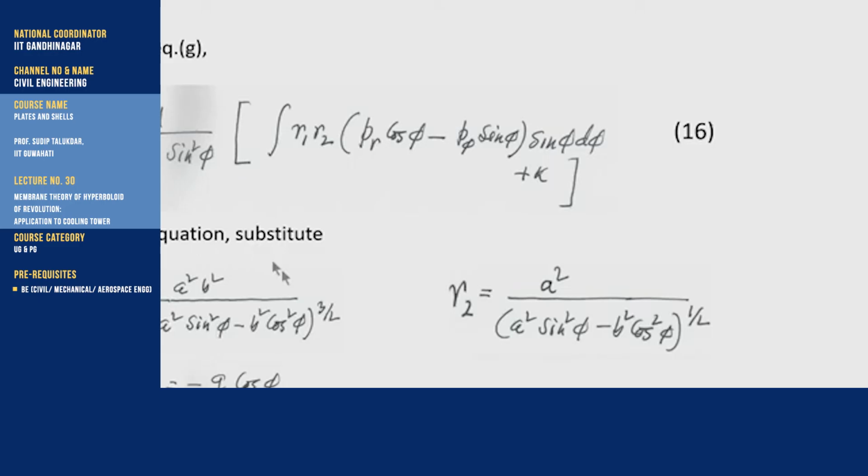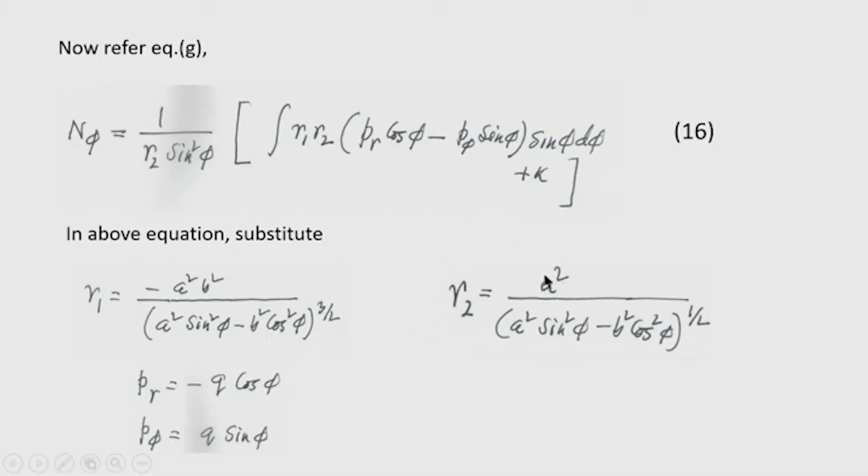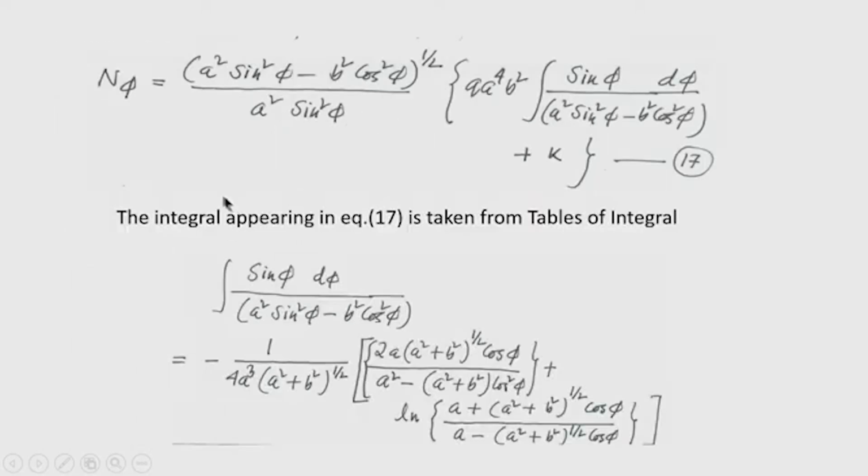R1 is this that we have obtained earlier, and R2 we have obtained earlier as this quantity: s square divided by (s square sin square phi minus b square cos square phi) to the power half. These two quantities R1 and R2 are obtained from the first principles of calculus, and it is a very important parameter. Okay.